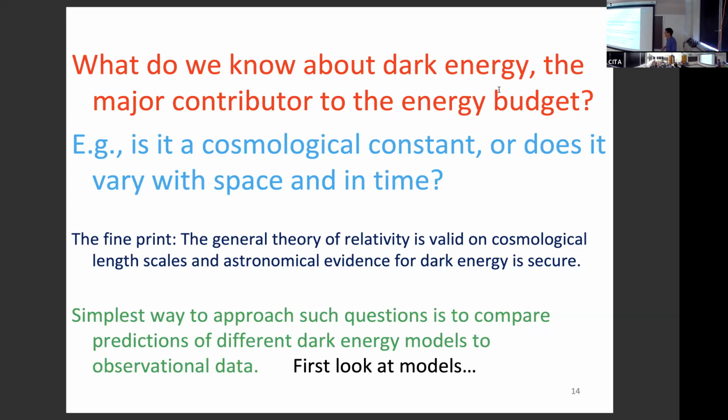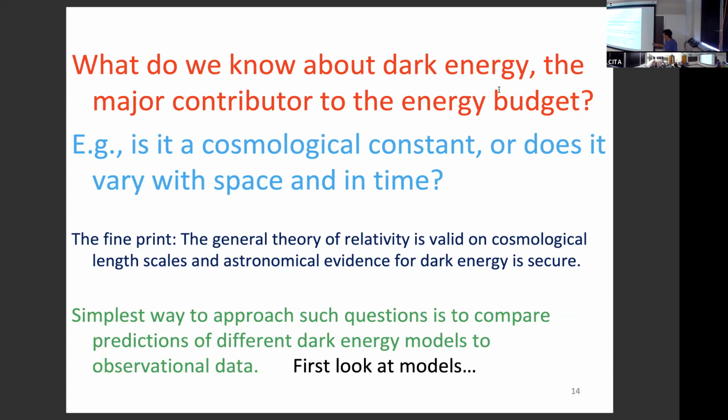And I think that's a pretty straightforward assumption to make. And I don't think there's much evidence suggesting that it's wrong on these scales. And we're also assuming that there's not huge unknown systematic errors in all the astronomy that suggests there's dark energy. And I think that's also a reasonable assumption. But both of these are assumptions and they need to be tested.